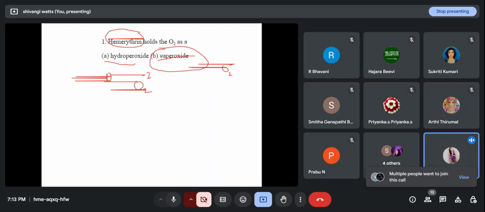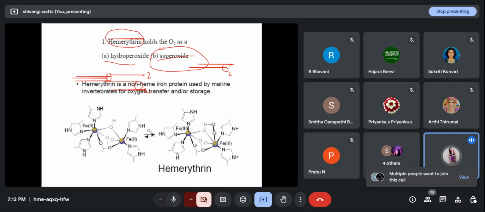Right. So if you see the structure of hemerythrin, hemerythrin is a non-heme iron-based protein which is used for oxygen transfer and storage in invertebrates. This is the deoxyhemerythrin and this is the oxyhemerythrin.